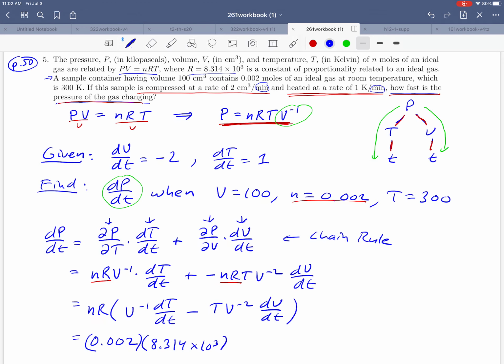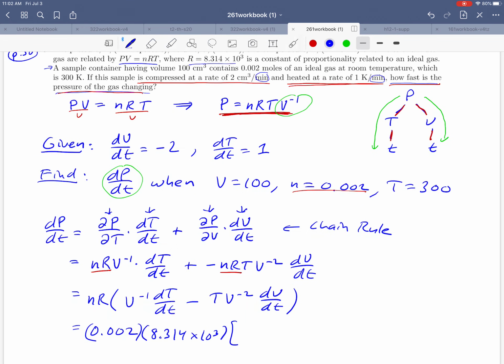Okay, there's our n and our R. Okay, and then in the parentheses, next thing we come to is V to the negative 1, so that's 100 to the negative 1. Okay, and then what about this dT dt? Do we know what that is? Okay, notice that we do. That was part of the given piece of information that we wrote down at the beginning. Okay, the rate of change of volume is negative 2, so we can fill that in as well.